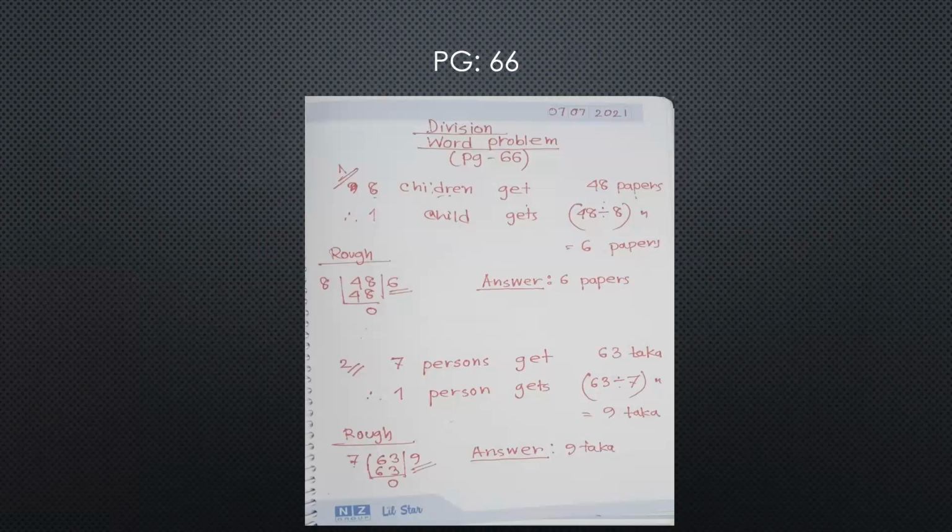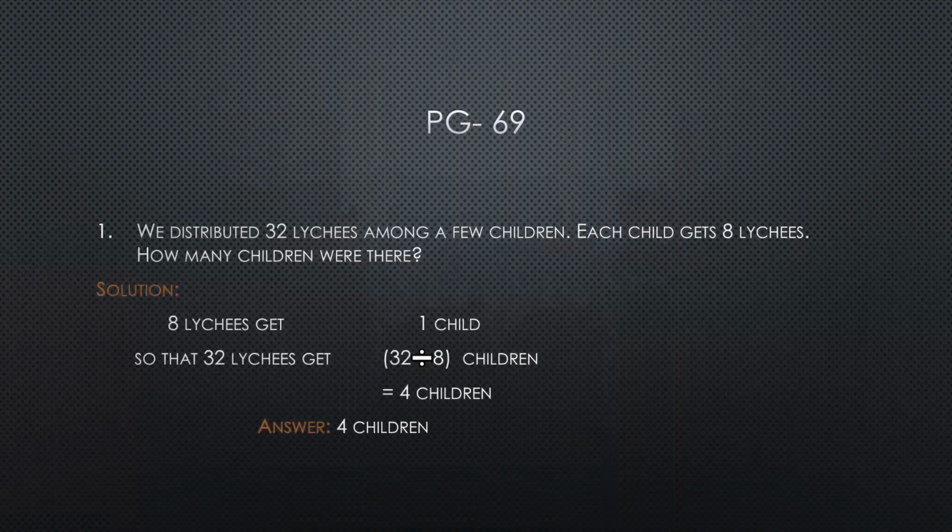The main technique is, if you see a problem that has a big number, big amount, or big things, and you have to find the small one, per one, or each person, at that time you have to divide. You can easily understand this is a division problem. You have to divide to solve this problem.